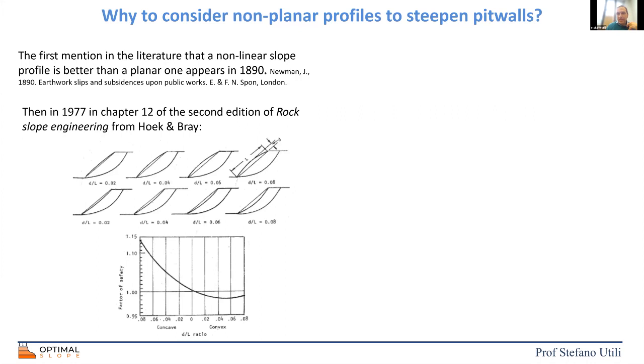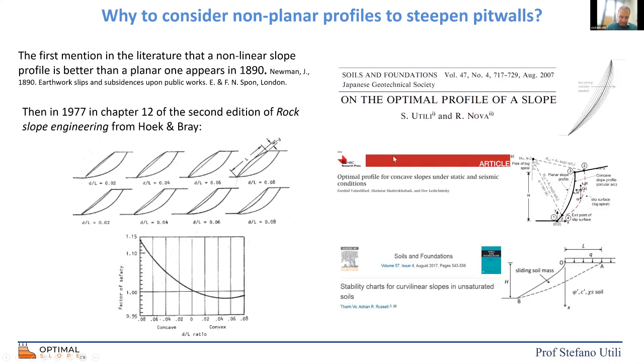Then there have been other works, and in particular, this was my PhD thesis in 2007, and then other groups of researchers, say in Canada and in Australia. And again, what these people did, including myself, was look at different shapes, and they came to the same conclusion that some shapes are better than the planar shape in terms of the stability of the slope.